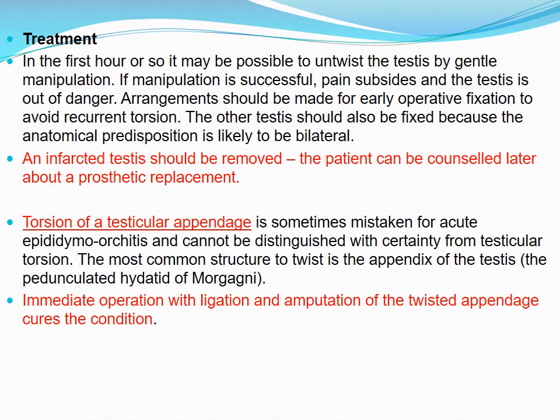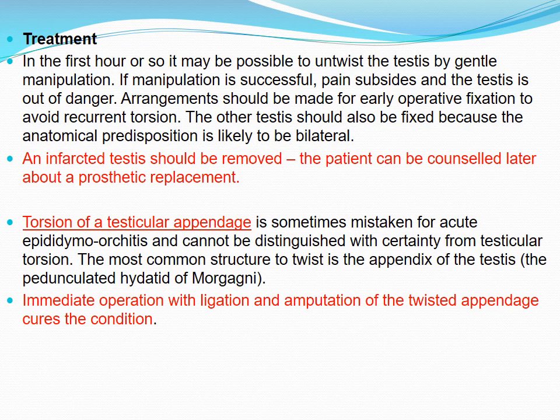When the patient presents early, for the treatment we try to untwist the testis by gentle manipulation. We try to rotate the testis. If the pain subsides and the patient gets relief, this means the manipulation is successful.